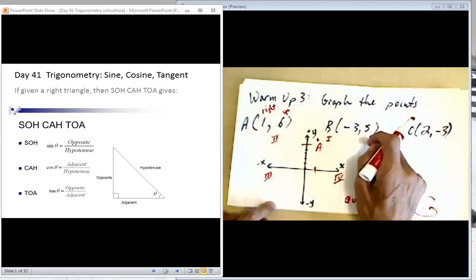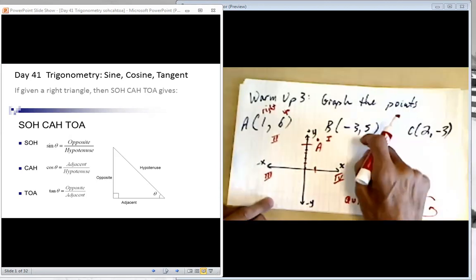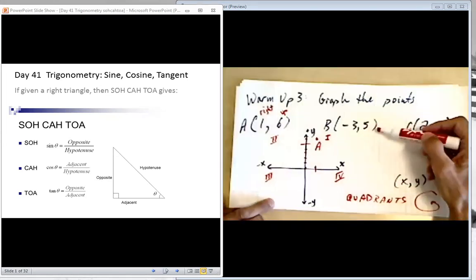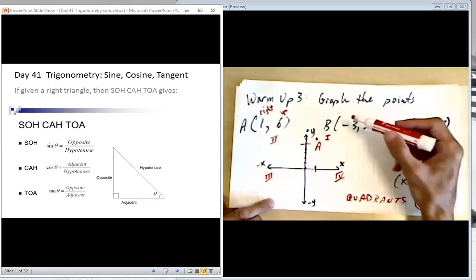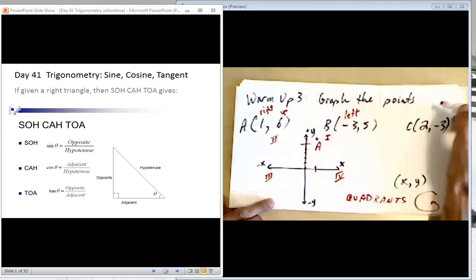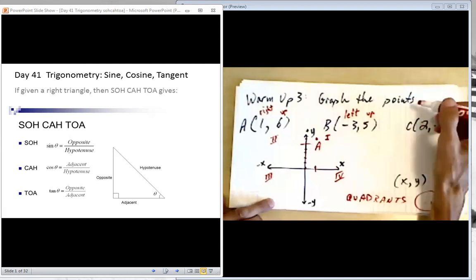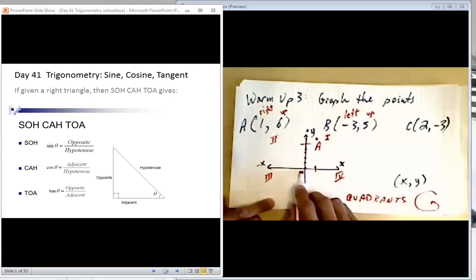How about B? Where does this go? Move my hand out of the way. Negative 3 means, yeah, nice, that means you're going to the left, and then up by 5, that's what that is. Okay, so my pen is here. Where does it go?